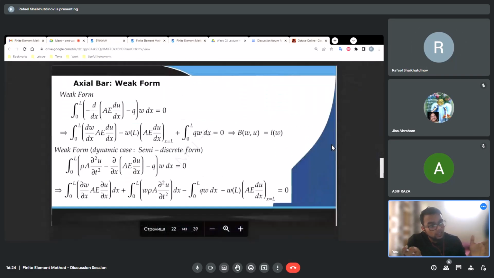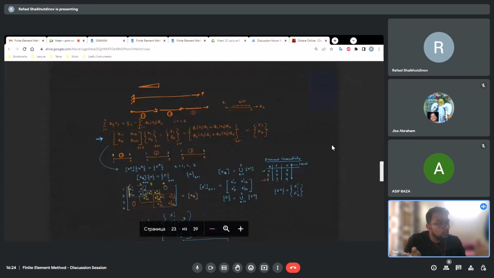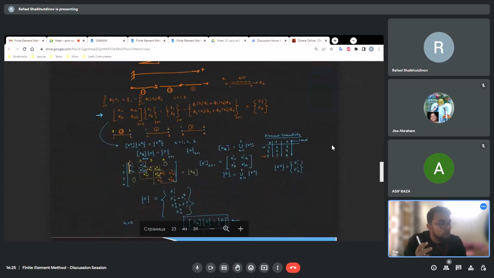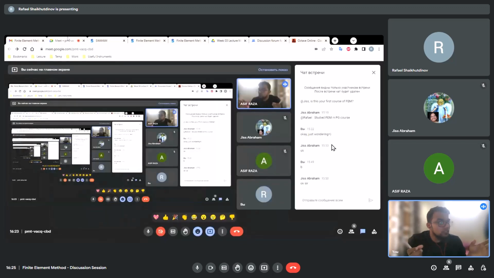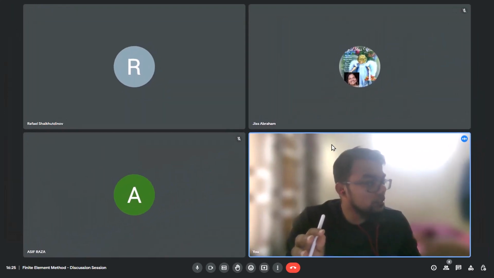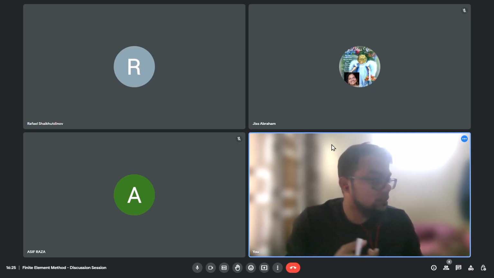Suppose we take an element as a linear element, as you are showing just now, and the nodes are at the ends. We assume a linear approximation in between within the element.